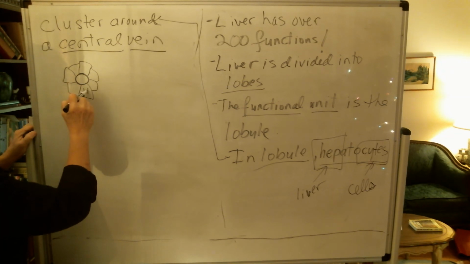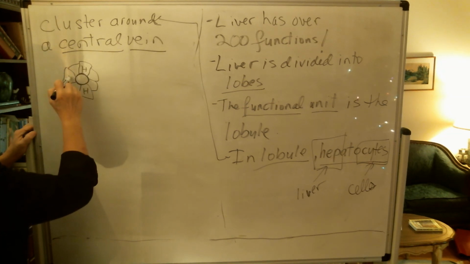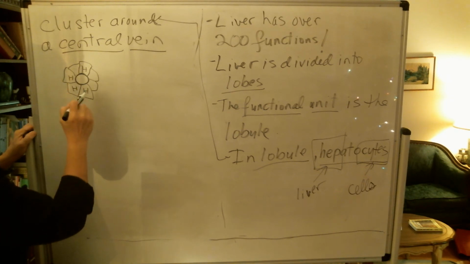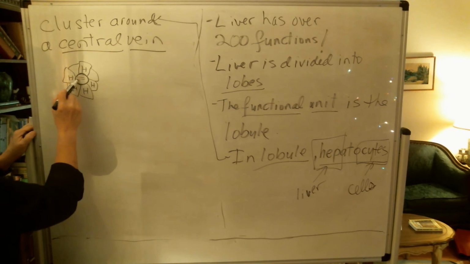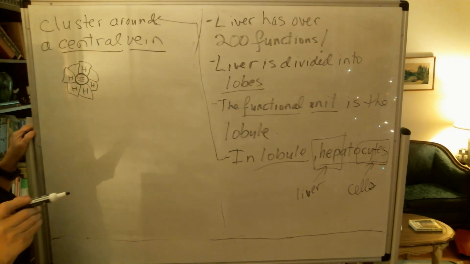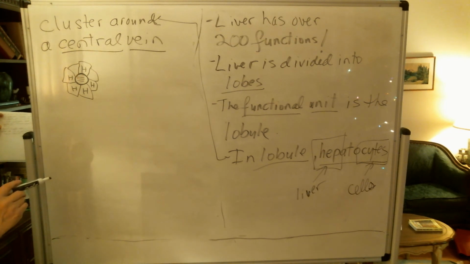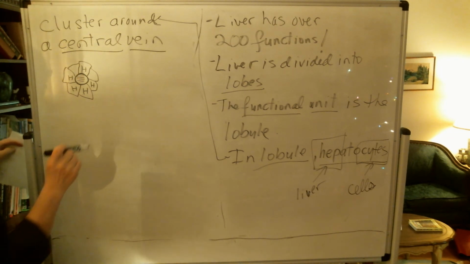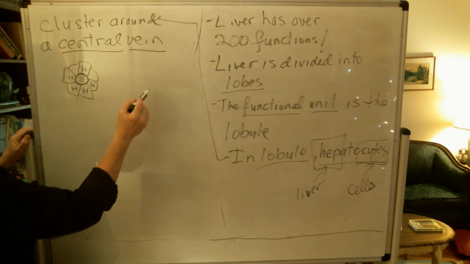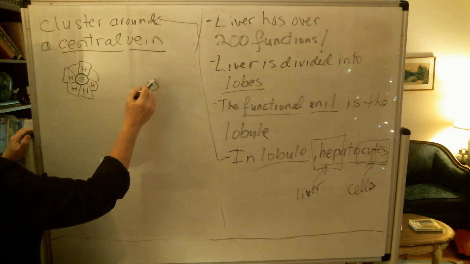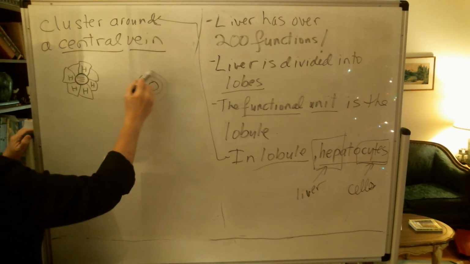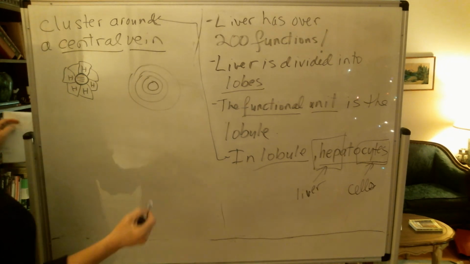And many of these cells surround the blood here in the middle, this very slow-moving blood in this tiny little blood vessel. Many of these then will be hepatocytes.